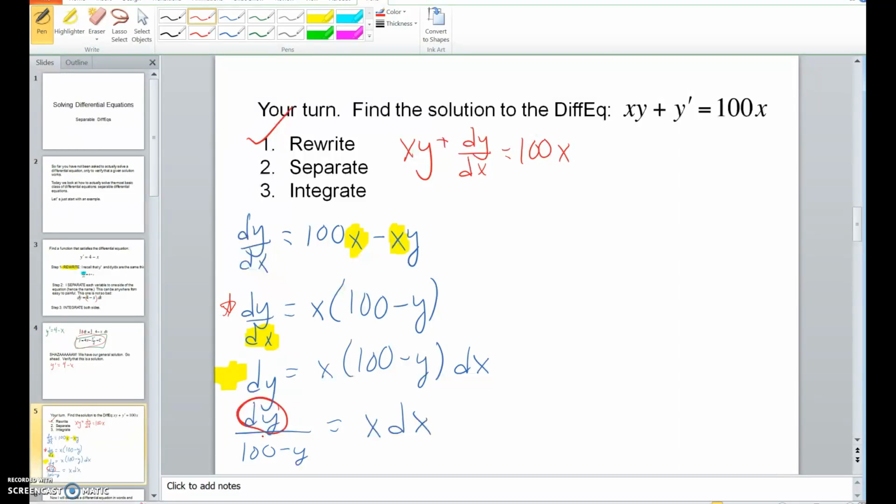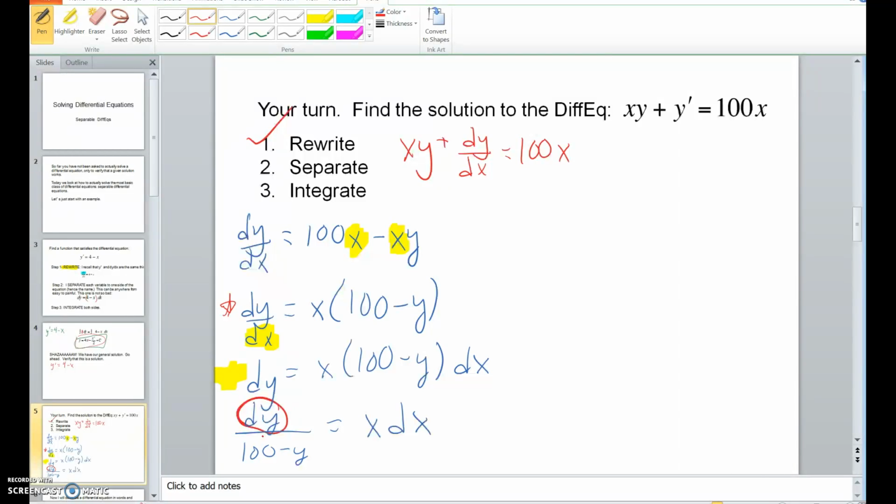Using multiplication and division, there is a way to write this equation so it's 100 minus y over dy equals 1 over x dx. You don't want to do that version because your dy and dx are in the denominator. So if you ended up doing that in your algebra, make a note. You want to aim to separate this equation into a form where dy and dx are in the numerator and not in a denominator.